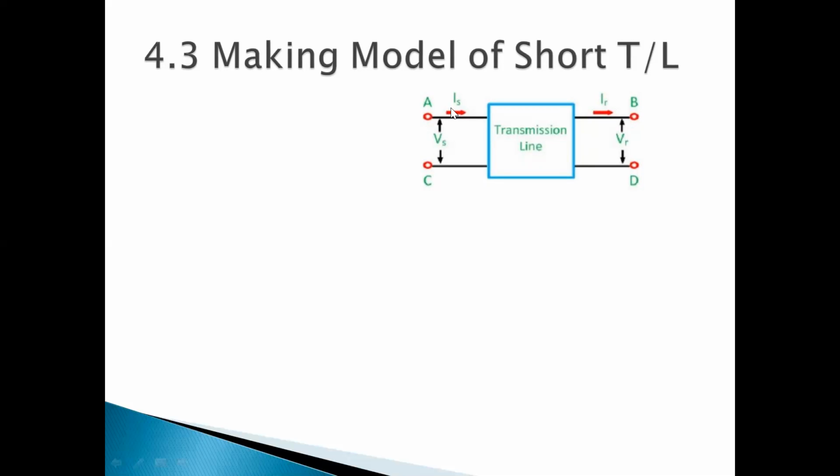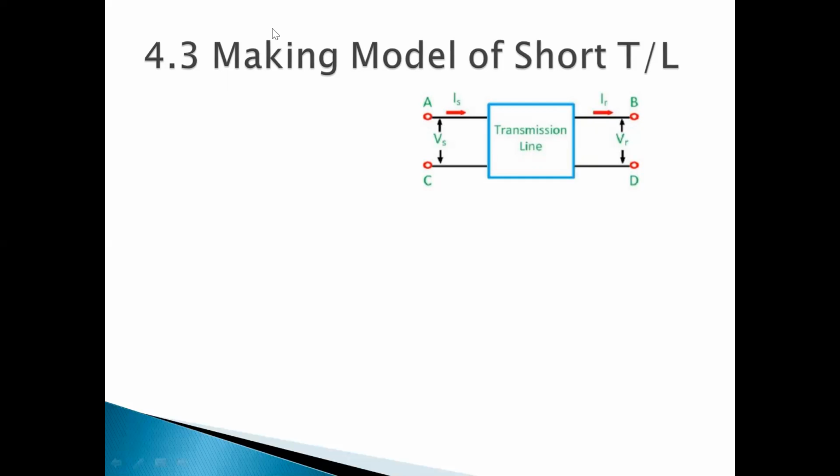So I am just making a model. It's a two-port model: one is the input port, one is the output port. The input is the sending end variables, and the output is the receiving end variables. So I'm going to make a model of short transmission lines. Why am I going to make a model?